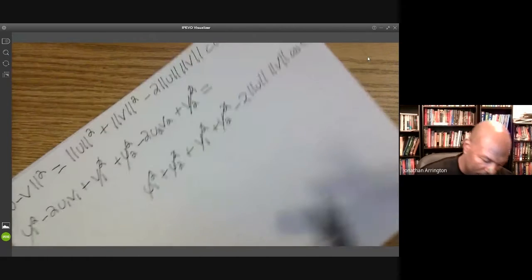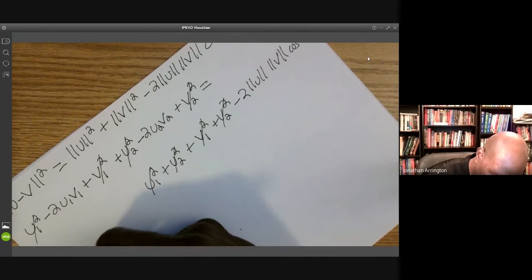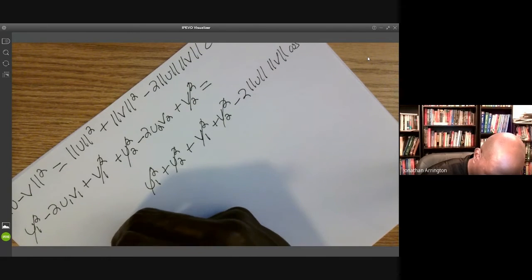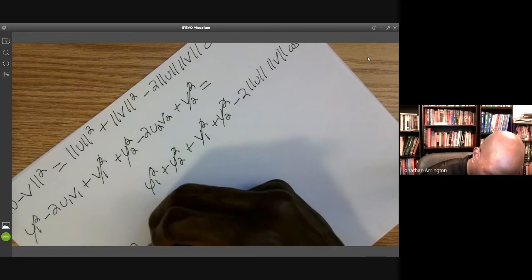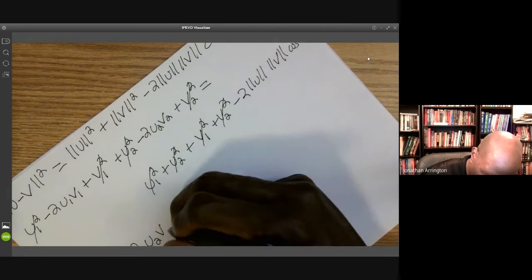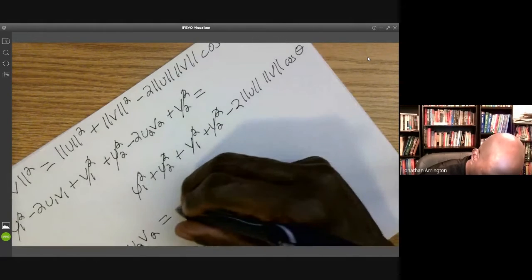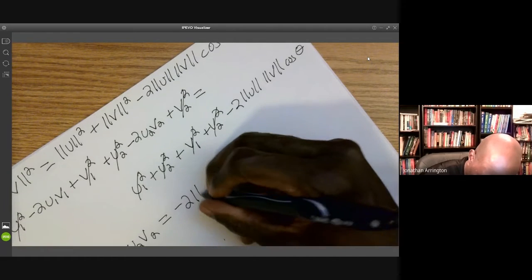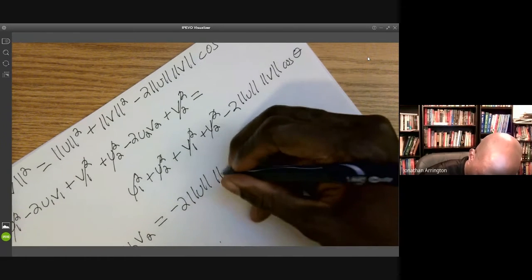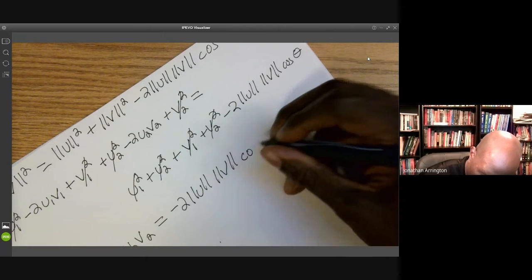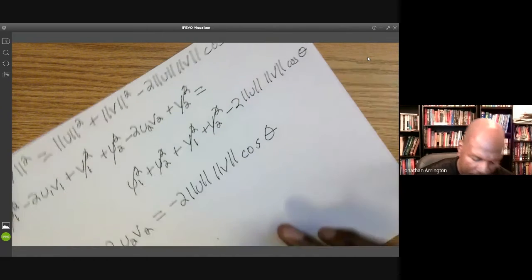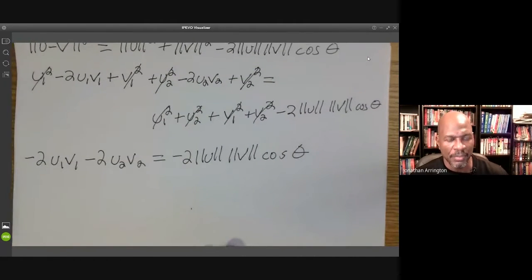So let's write what we have left. Negative 2 u1 v1 minus 2 u2 v2 is going to equal negative 2 norm u norm v cosine theta. So that's what we have left thus far.